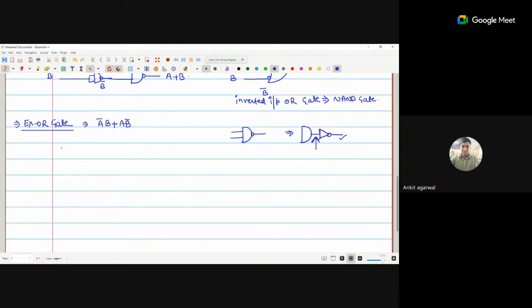So what should I do? Y is equal to A bar B plus AB bar. I just take a Y bar, because here if I am getting Y, at this point I am getting Y bar. So Y bar is A bar B plus AB bar whole bar, that is A bar B bar plus AB.